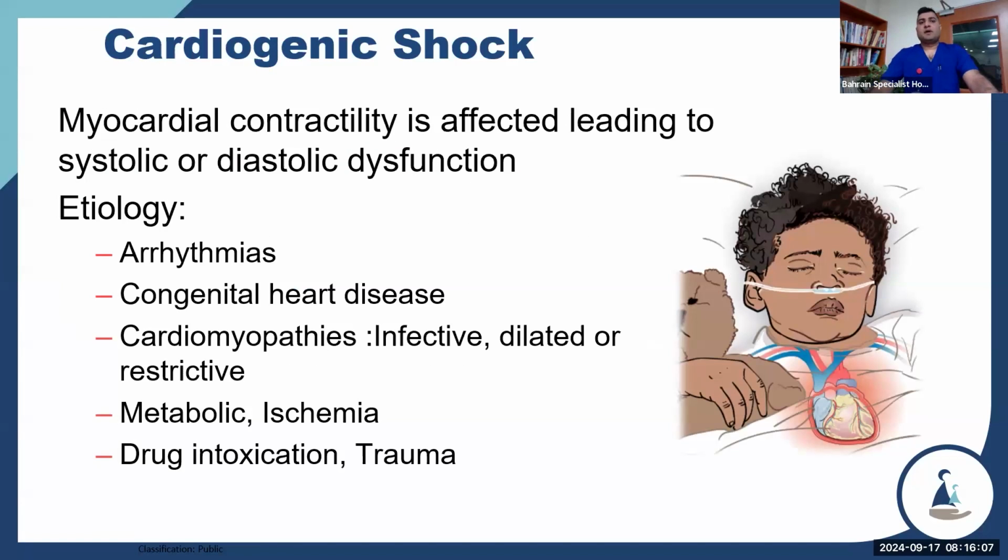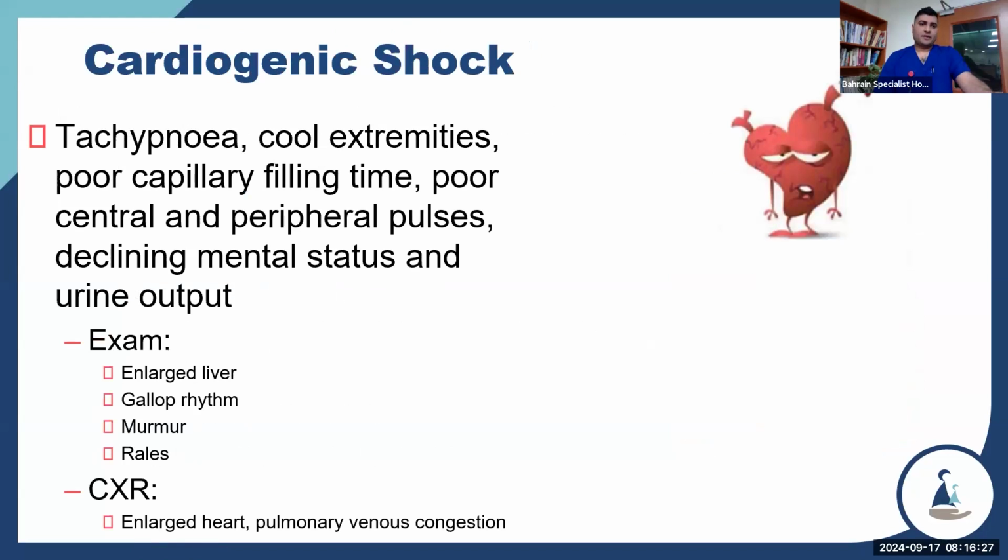Cardiogenic shock: myocardial contractility is affected, leading to systolic or diastolic dysfunction. Etiology can be arrhythmia, congenital heart disease, cardiomyopathies (infected, dilated, or restrictive), metabolic or ischemia, drug intoxication, or trauma.